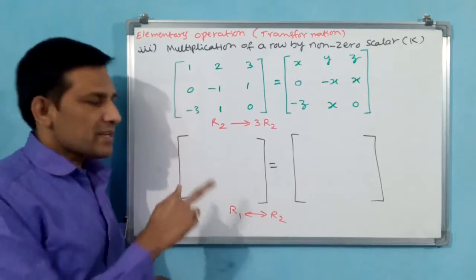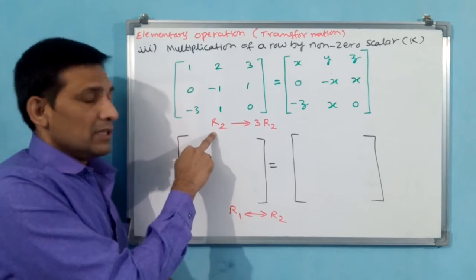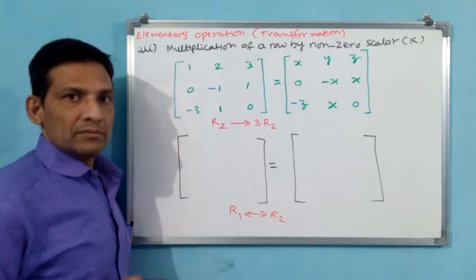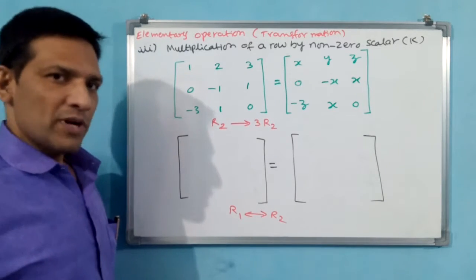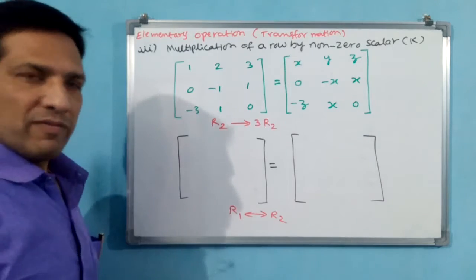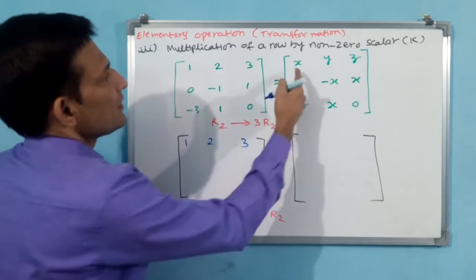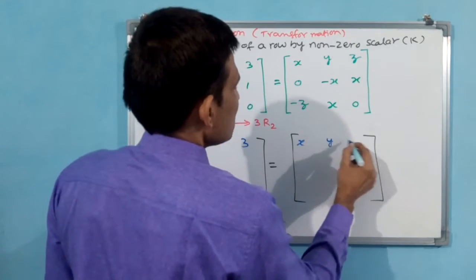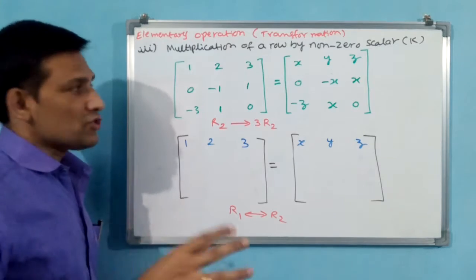Now what is happening? The change is happening in R2, and the change is 3 times R2. But is there any change in R1 or R3? No. That means you copy R1 first: 1, 2, 3, X, Y, Z, there is no change.